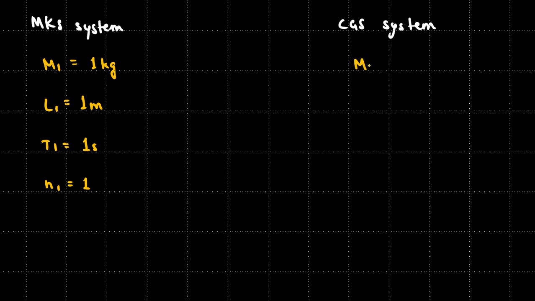So here M2 will be 1 gram, L2 will be 1 centimeter, T2 will be 1 second, and N2 will be n. If you ever get confused on the units, just see the name. C meaning centimeter, G meaning gram, S meaning second, and in MKS as well, M meaning meter, K meaning kilogram, and S meaning second. Pretty easy, right?